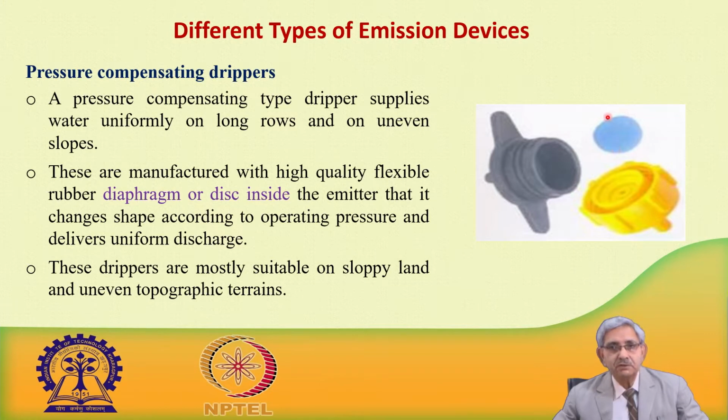When the pressure is less, it will contract, and the water coming out of the orifice will be adjusted accordingly as per the design for which the dripper is meant. These drippers are mostly suitable for sloping land or when we are installing the system on uneven topographical terrain.